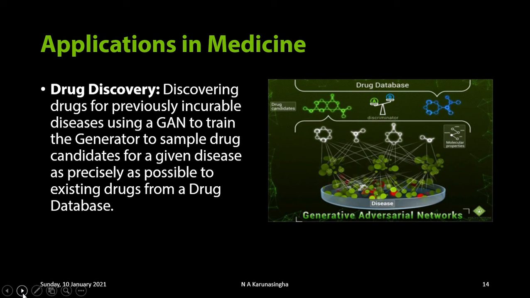Basically it can take existing drugs from a drug database, and then it can take drug candidates that have been proposed to cure a certain disease, for example, like the coronavirus these days, and it can basically use a GAN to discover new drugs that previously didn't exist. Basically the generator samples drug candidates for a given disease, and it can be used to discover new drugs that didn't exist before, that can cure previously uncurable diseases.